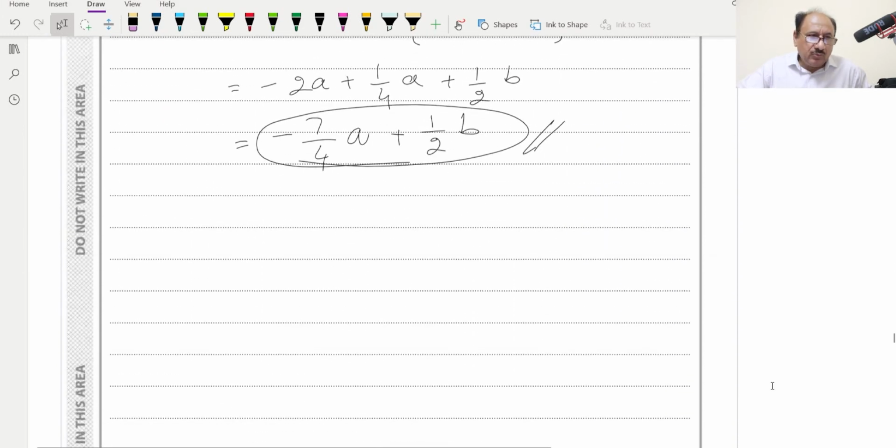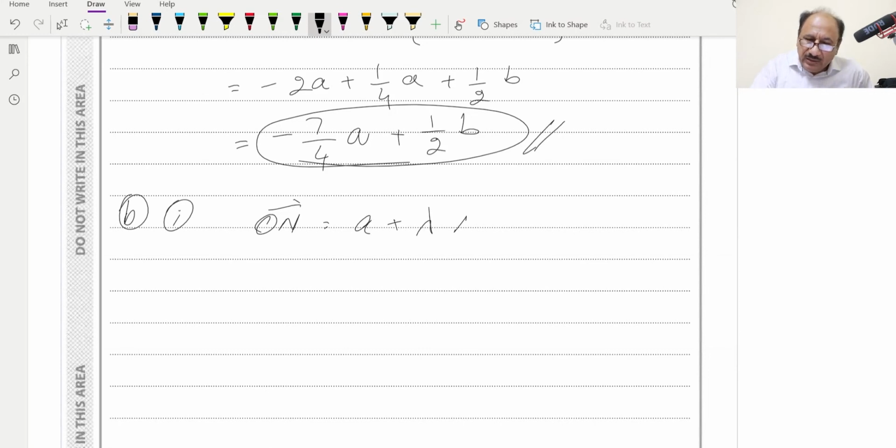On, this is the b part. We can write the vector on will be equal to a plus lambda am vector, and on will be equal to a plus lambda am value we have just calculated, which is 7 by 4a plus 1 by 2b.